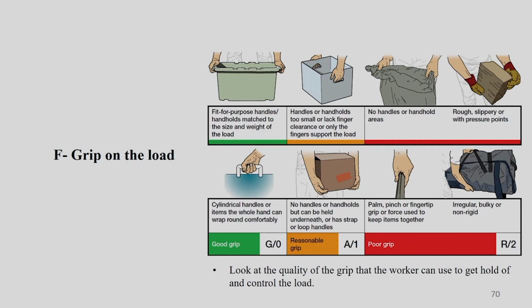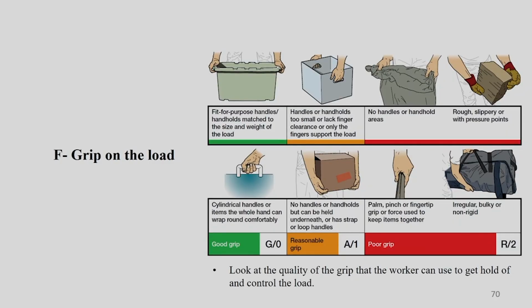First is how they are holding it and how they are controlling it from falling. If you are holding something and all of a sudden due to imbalance it is going away, you have to hold it, you have to control it. So these factors you have to take care of.